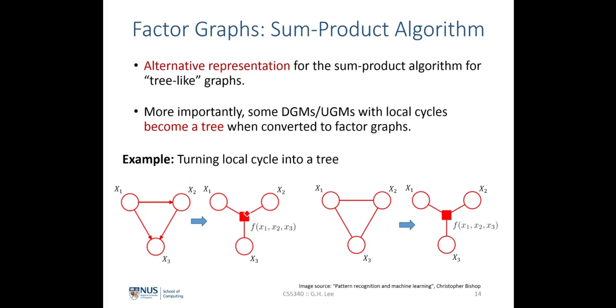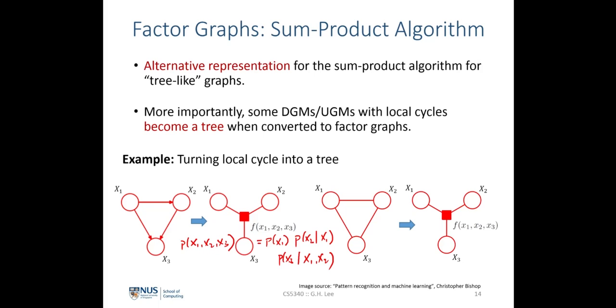This would simply be represented as the prior distribution of x1 multiplied by x2 conditioned upon x1, and multiplied by x3 conditioned upon x1 and x2, which is simply the joint probability distribution of this directed graphical model over x1, x2, and x3.